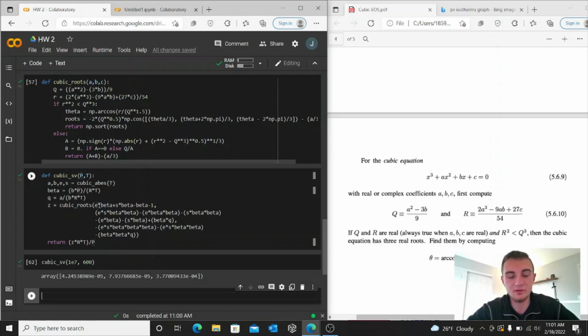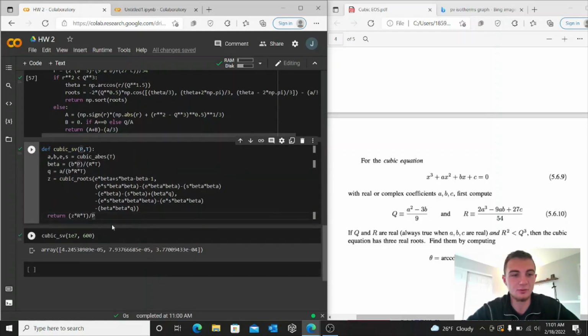When returning these, we wanted to return V, not Z, the compressibility. Since Z equals PV over RT, we just rearranged that with some basic algebra, and if we return Z times R times T divided by P, that will return us our specific volume.